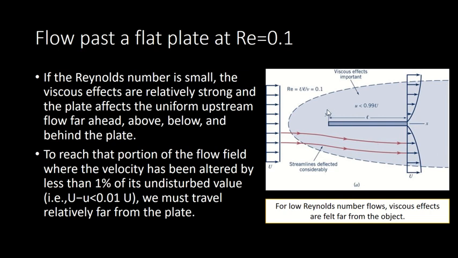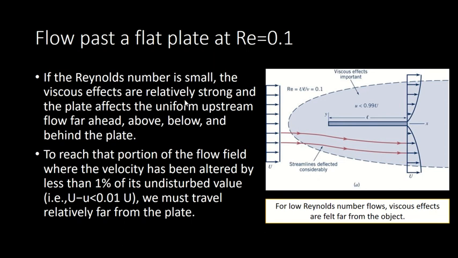This means that for a very low Reynolds number, the viscous region is really dominant. At the head of the plate there is a viscous region, at the top and bottom of the plate there are still viscous regions, and behind the plate there is still the wake region, and the streamlines are deflected considerably for this Reynolds number.